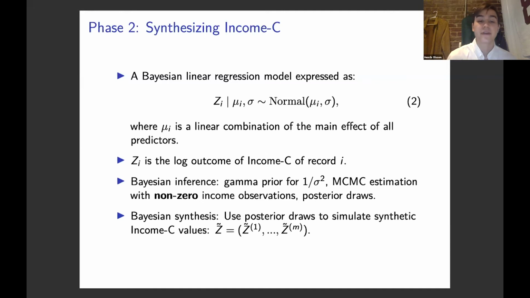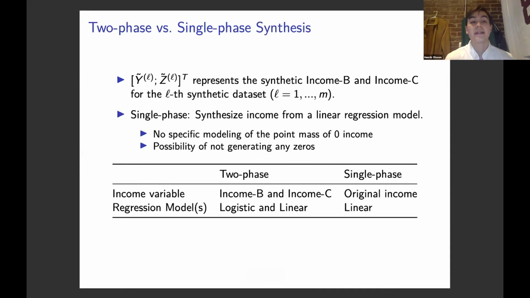Similar to the first phase, we first specify a gamma prior for the inverse of sigma squared, and then proceed to do MC estimation with only the non-zero income observations that we collected from phase 1 to collect the posterior draws. Then finally, we use the posterior draws to simulate M synthetic income C values. The final step in our two-phase synthesis model is that we combine and then transform the income B and income C synthetic values.